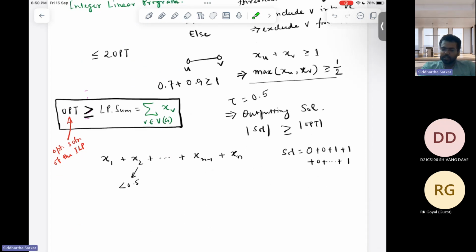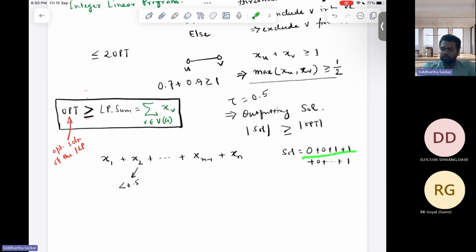So what I was saying, this is the set of variables, and the sum of these variables is our objective function. And whenever we have seen a value which is less than 0.5, we discarded it. And whenever we have seen a variable with value more than 0.5, we have rounded it up and made it 1.